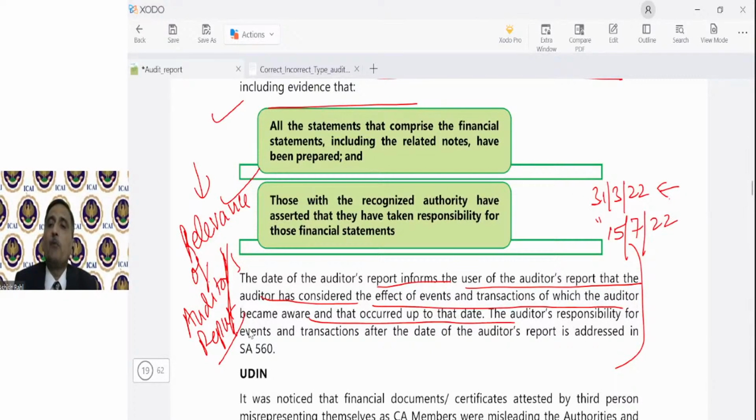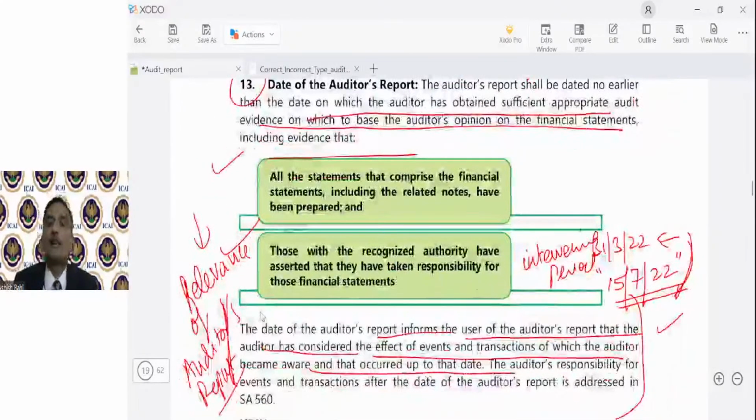When I am putting the date as 15 July 22, the users of the report are assuming that I have considered all the events and transactions which have occurred between 31st March 22 and 15 July 22. So that is the relevance of the date of auditor's report.